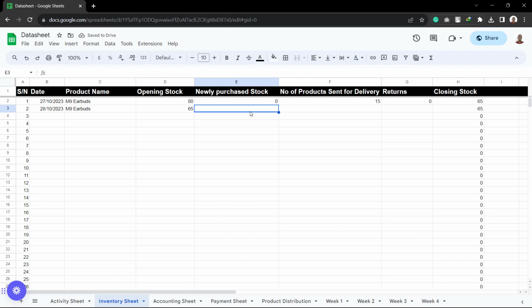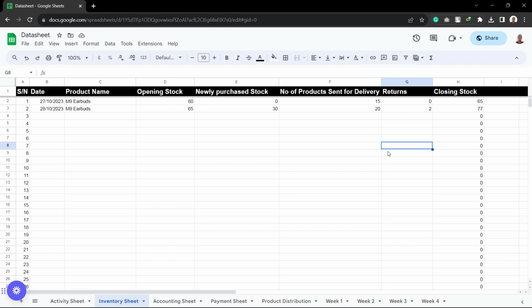Let's say we purchased new products from China and they arrived today, and let's say they are 30. It means that we would write the amount of new products that arrived. Let's say we ran ads and we were able to send out maybe 20 products, do you understand? And maybe we had 2 returns from the previous day's delivery, so it will also calculate our closing stock. So it's going to continue in that manner.